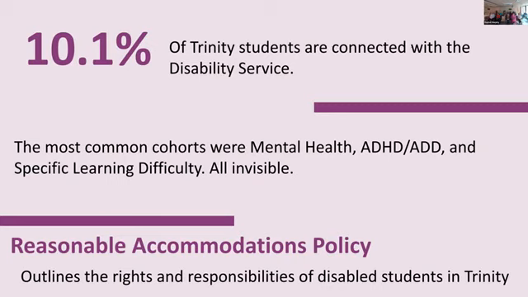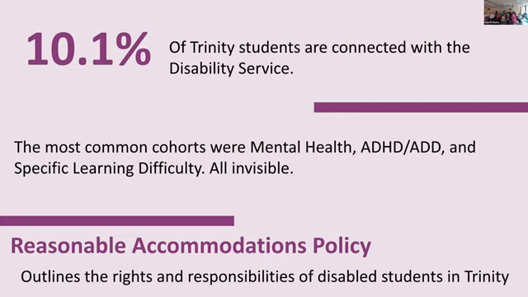So going on from that, the most common cohorts this year applying for support with us and coming through the DARE system were mental health, ADHD, ADD, and a specific learning difficulty, which are all invisible. So that just gives you an idea of the diversity of disability. There are obviously visible disabilities as well, but they're much less common.